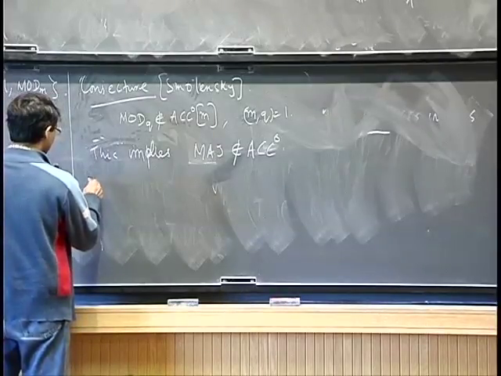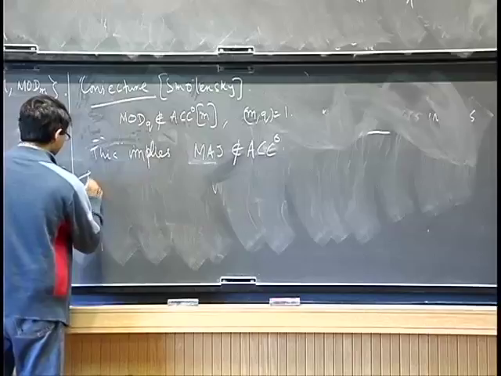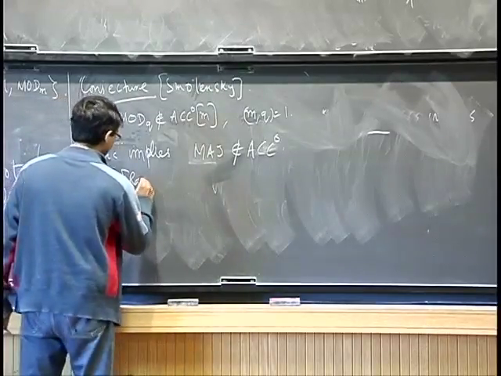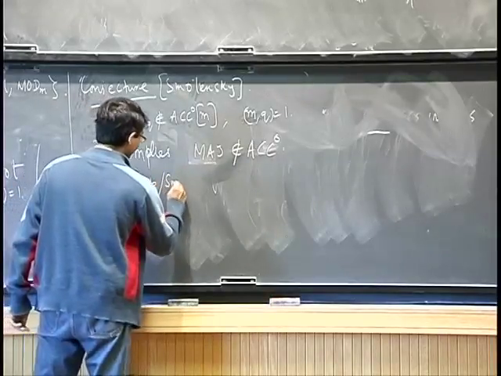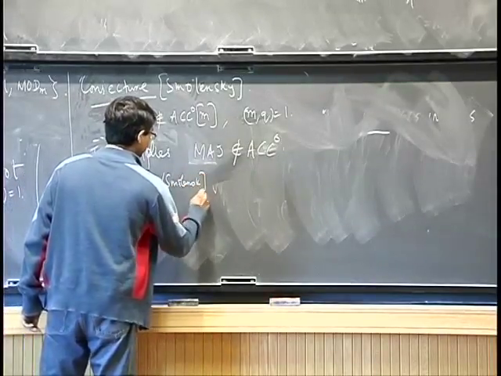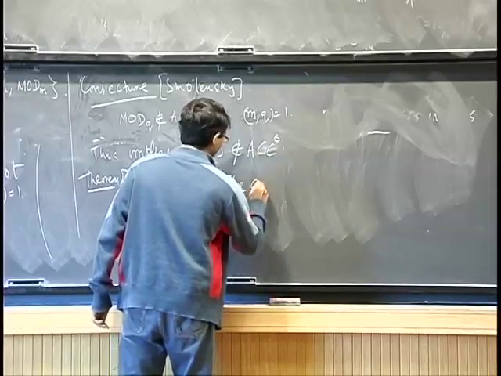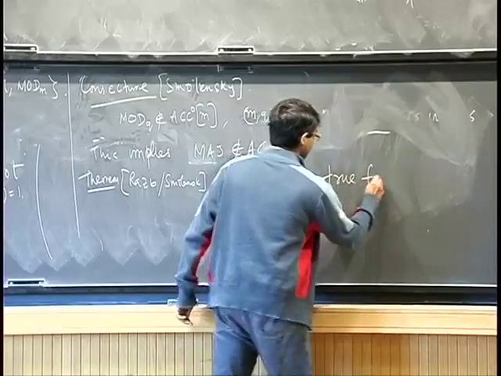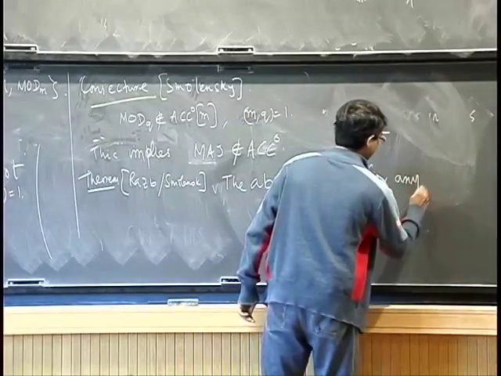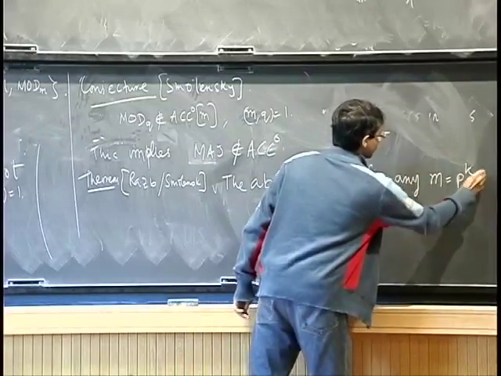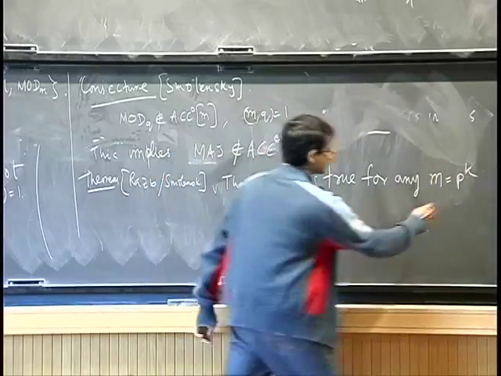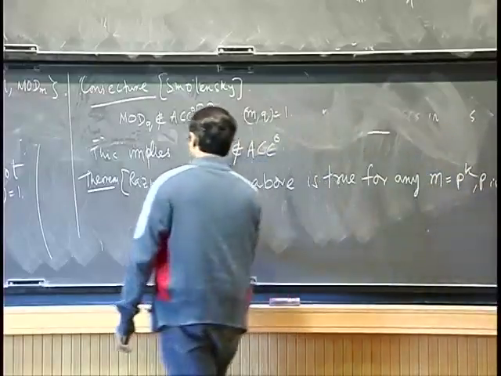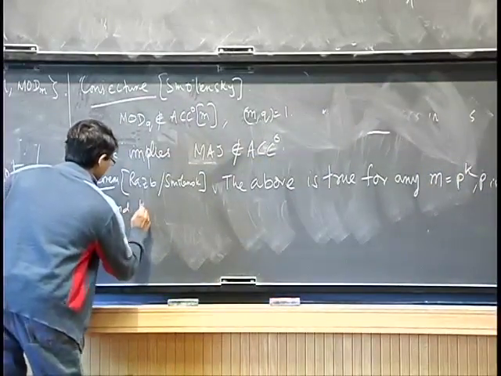So, the theorem: for any m which is a prime power, p is a prime and k is a fixed number.